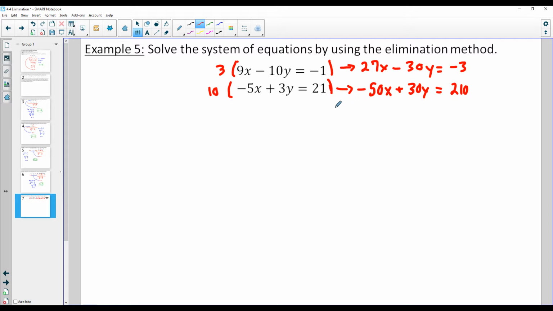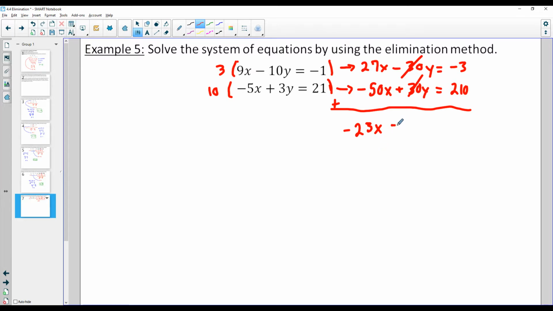So the whole point of this is that now we can add these. Negative 30y and 30y are going to cancel. 27x minus 50x is going to be negative 23x. Okay.